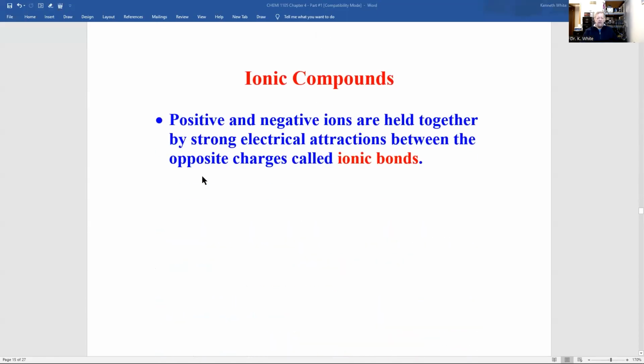And that happens with ions. Now, in ionic compounds, positive and negative ions are held together by strong electrical attraction between opposite charges, and we call that an ionic bond.